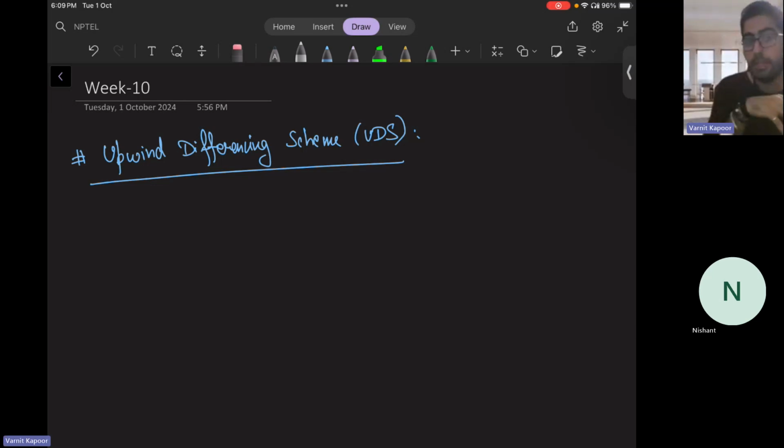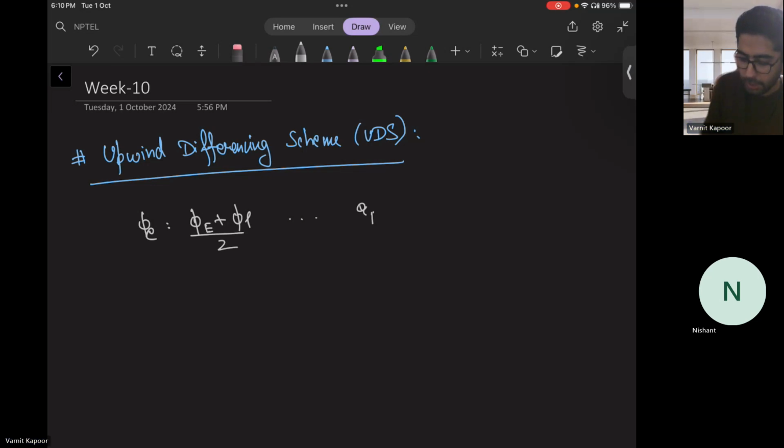So if you remember, there were negative coefficients in CDS schemes, where we defined one number to check its stability. There, phi at the east face was (phi E plus phi P) divided by 2, and similarly for west and north.